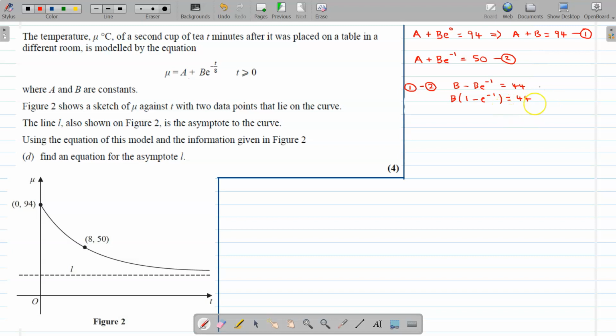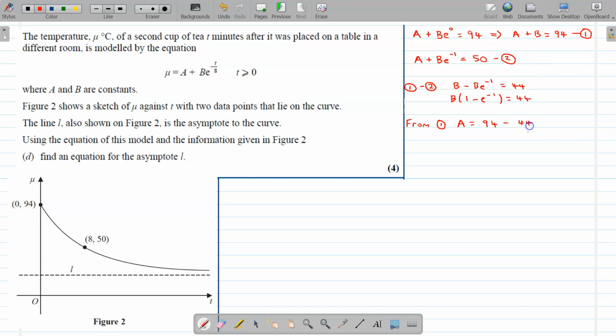Now from equation 1, I can also say that A is 94 minus B. And B is going to be 44 over 1 minus e to the minus 1.